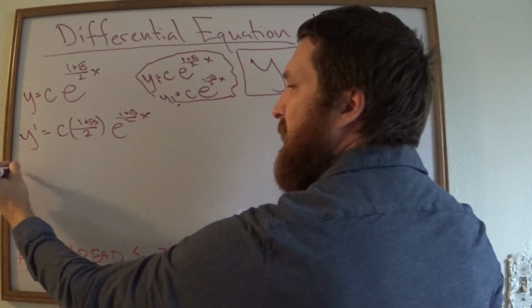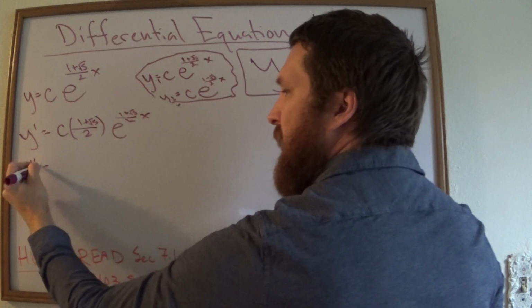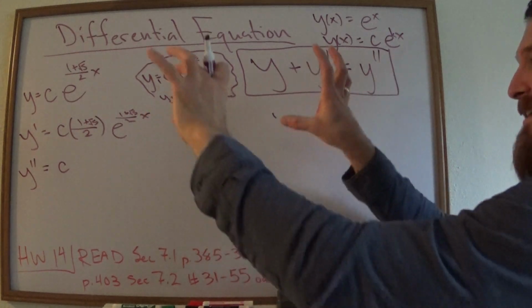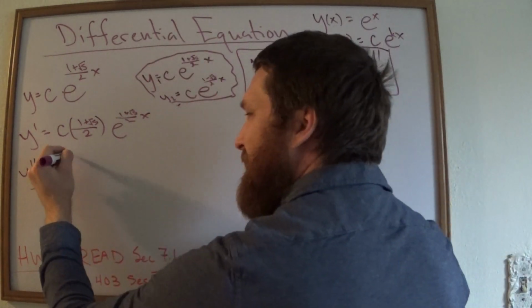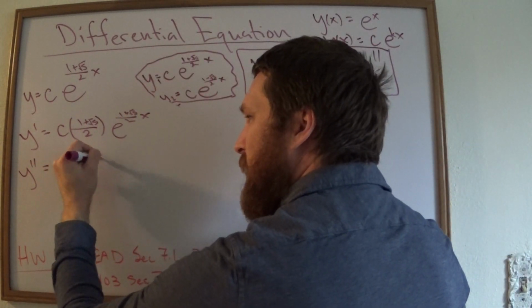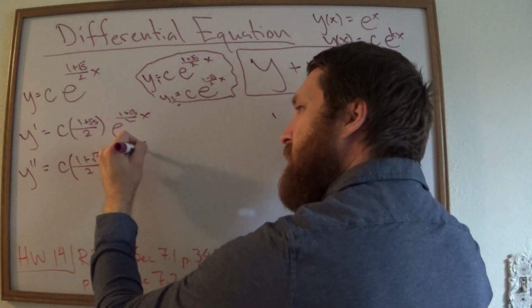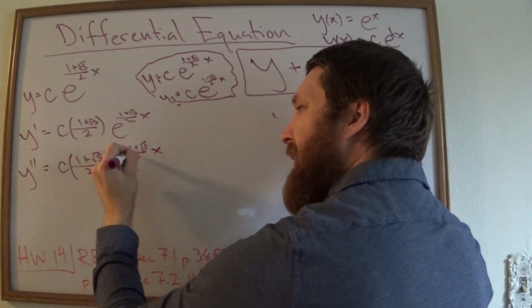Okay. Now let's take its next derivative, and what do we get? c times 1 plus root 5 over 2 squared. Because that one drops down, it's that times itself, and so it works out to be 1 plus root 5 over 2 squared, e to the 1 plus root 5 over 2 x.